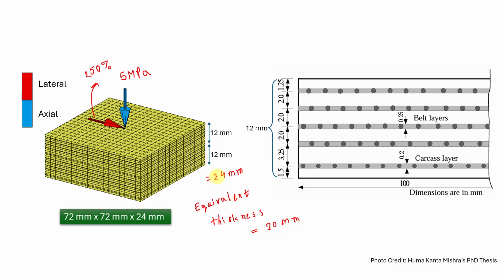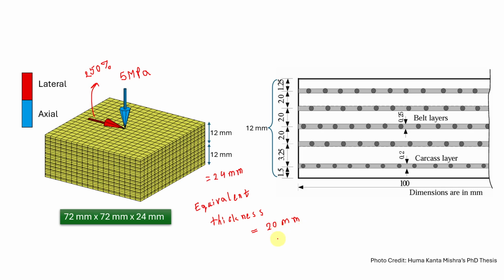You can subtract the belt layers' thickness and you will get 20 millimeter. So we have to apply lateral load at a strain of 250%.